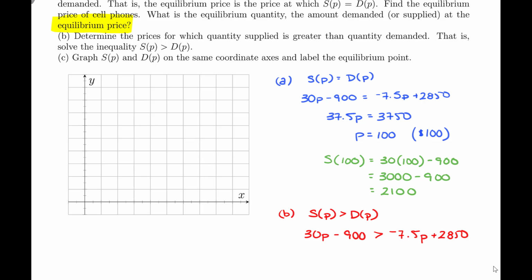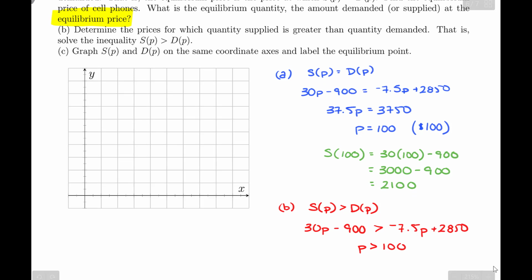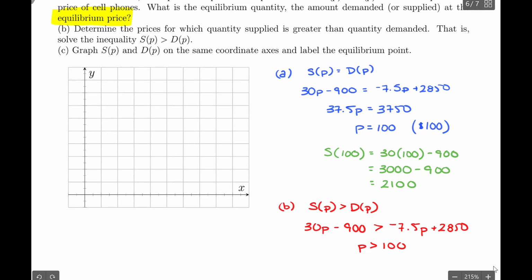So we want to solve this again for P. We've already done that with an equation. With the inequality, our values are still going to be the same. So in this case, without having to do all the algebra all over again, whenever the price is greater than $100, the supply will exceed the demand because people are going to stop demanding the phones as the price increases. The lower the price is, the greater the demand, but then they have to worry about whether or not they can supply it at that price.